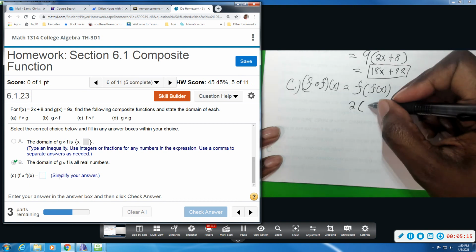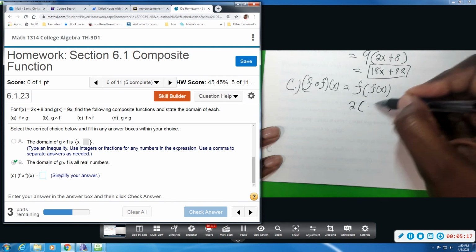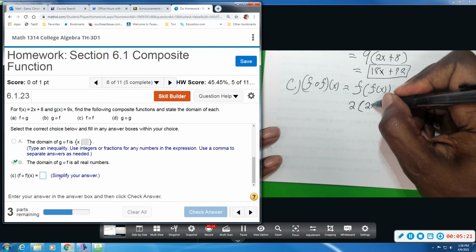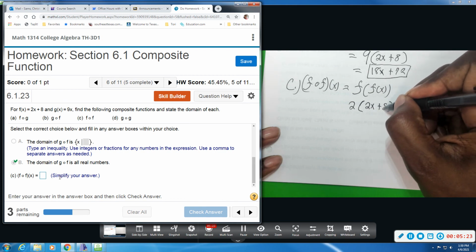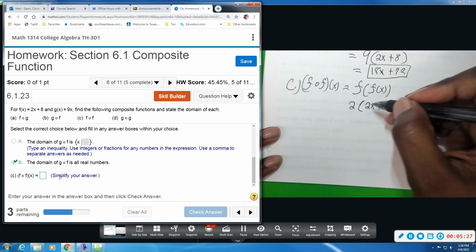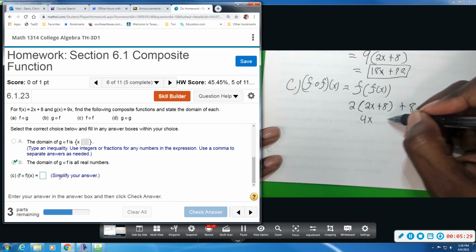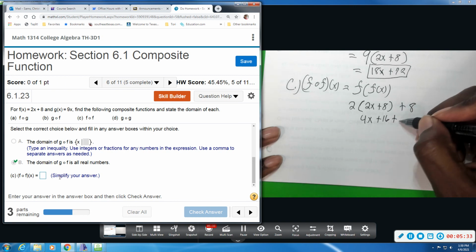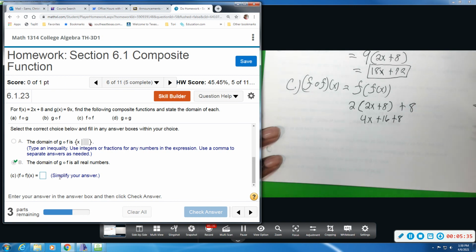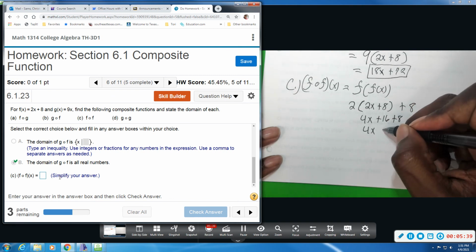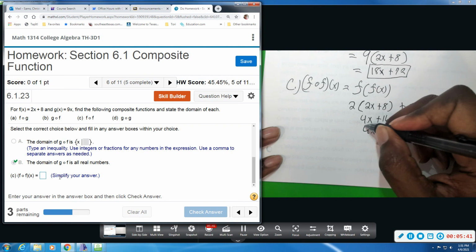So it's 2x plus 8. In the place of x, we're going to replace the whole equation with itself. So that is 2x plus 8. And then we distribute. So that gives us 4x plus 16 plus the 8 on the outside. And that ultimately gives us 4x plus 24.